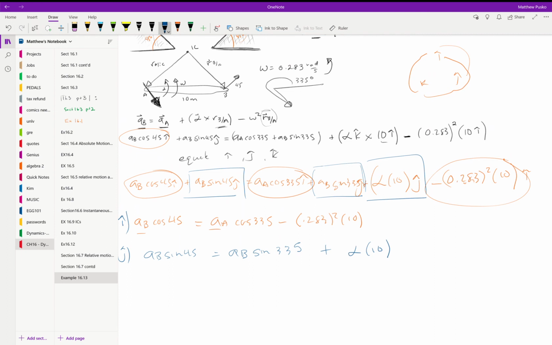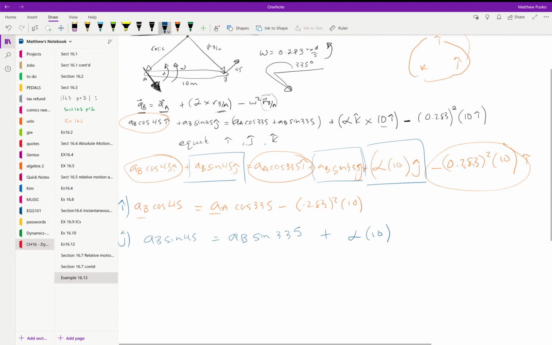And we know everything actually. We know the acceleration of A that was given to us. We are searching for the acceleration of B and alpha. So two equations, two unknowns. We're done.